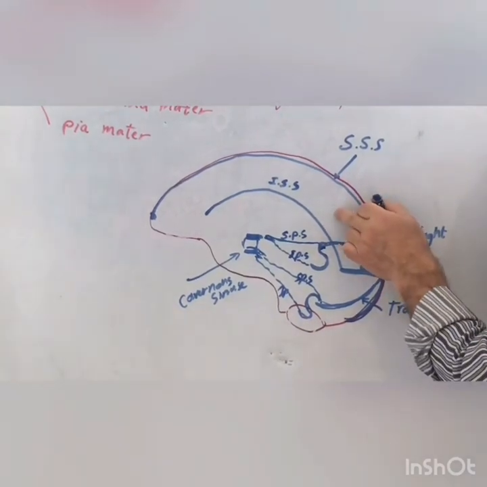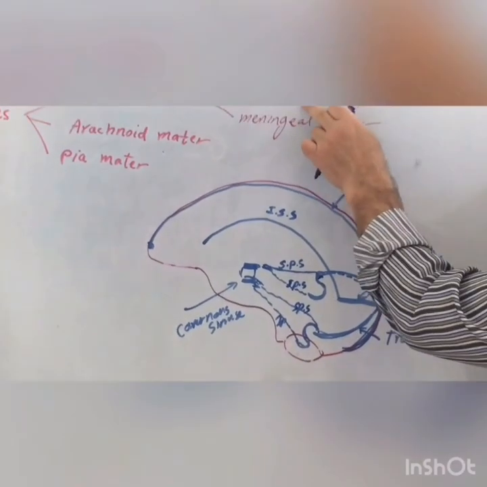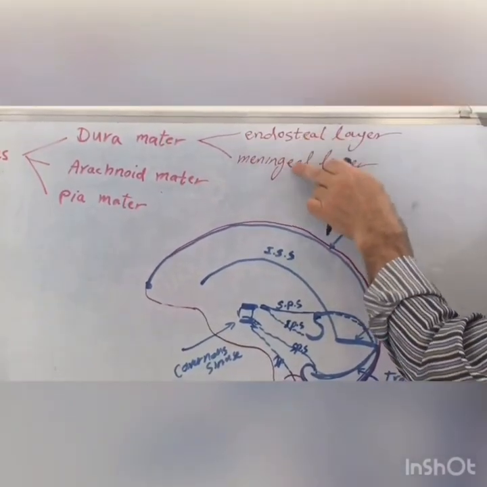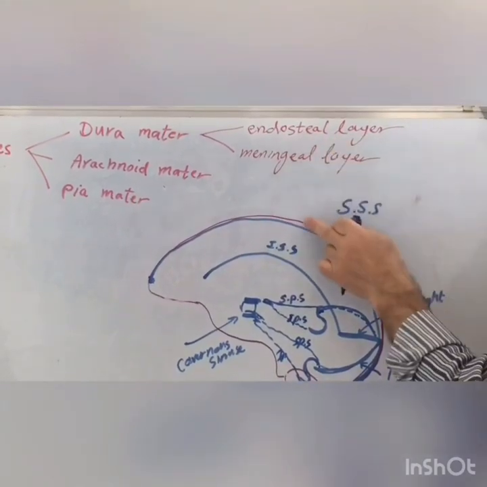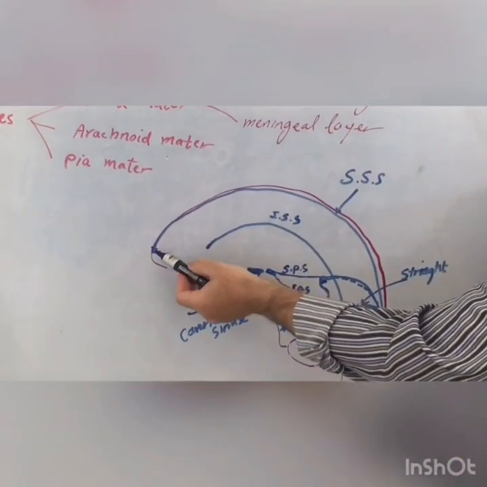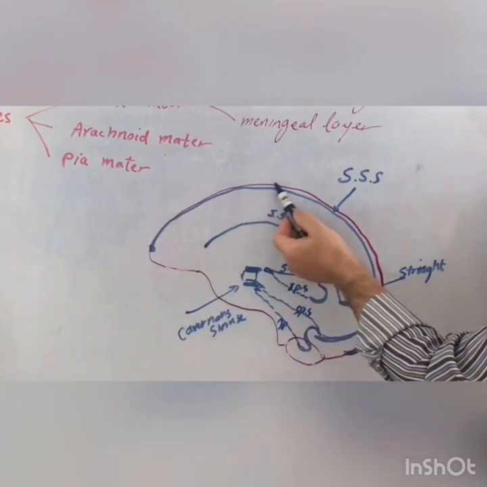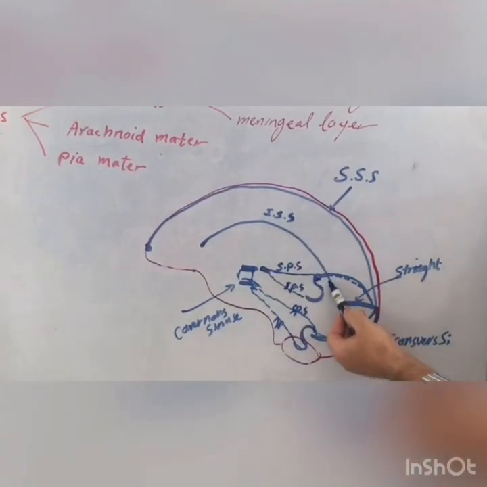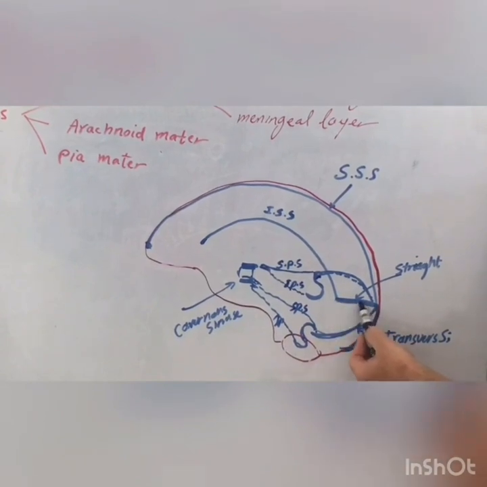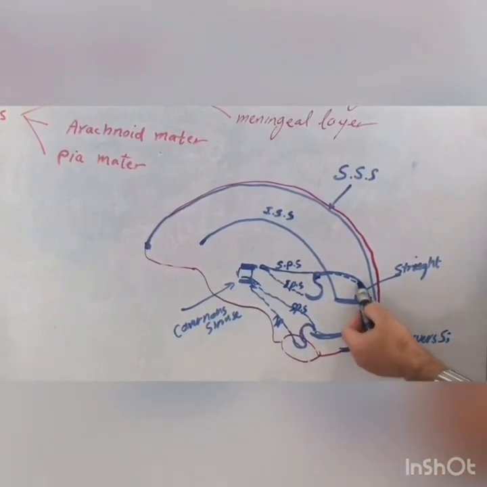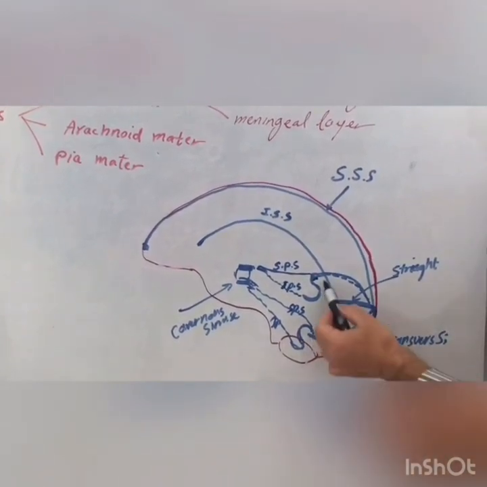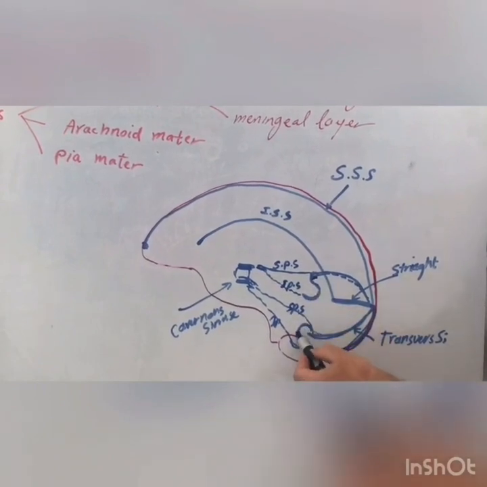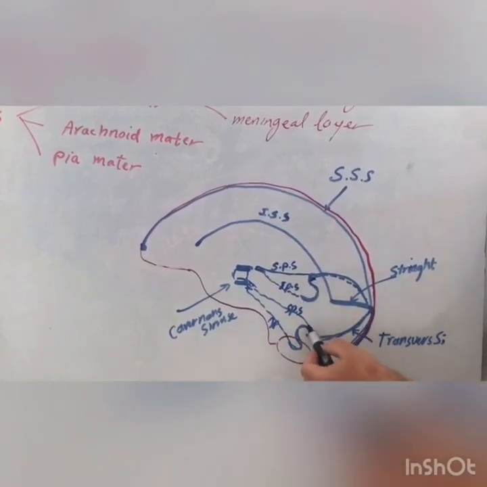Where are they located? Between the two layers, endosteal and meningeal. This is repeated again: superior sagittal sinus, inferior sagittal sinus, straight sinus, transverse sinuses. At the end of them, S-shaped, we call it sigmoid sinus.